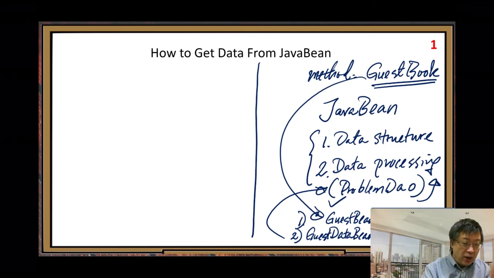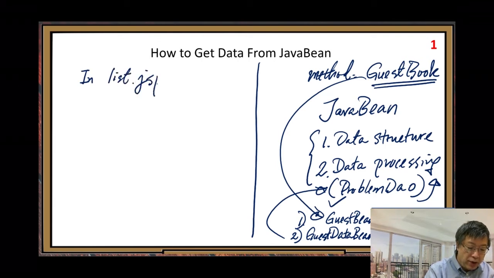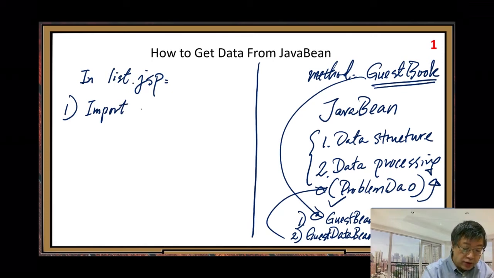So step one, we just work in our JSP, list.jsp. In this file, let us do the following three basic things. Then we can get this job done. The first thing, import this class, import the class or package.